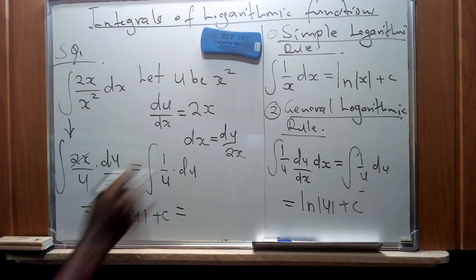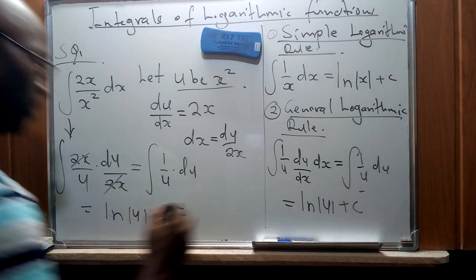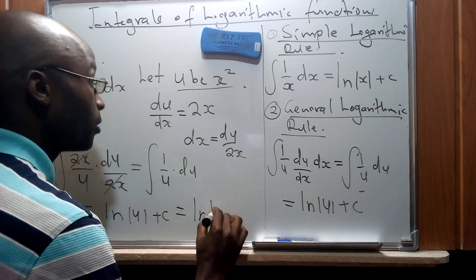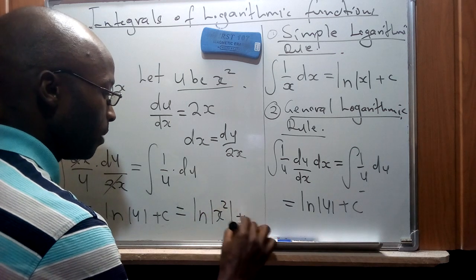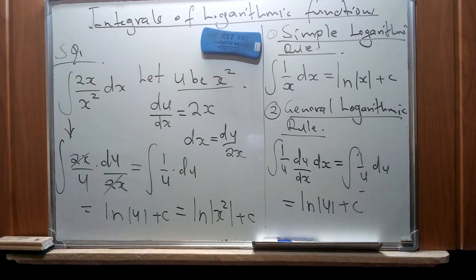Replacing u, the answer is the natural log of x squared plus c. This makes use of the simple logarithmic rule and the general rule. We're also going to look at another example, which is going to complement that.